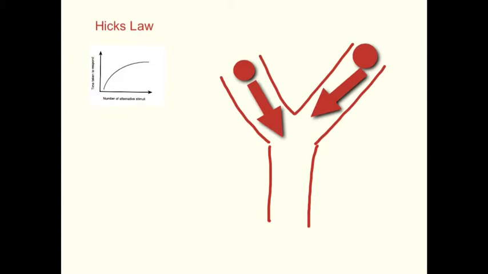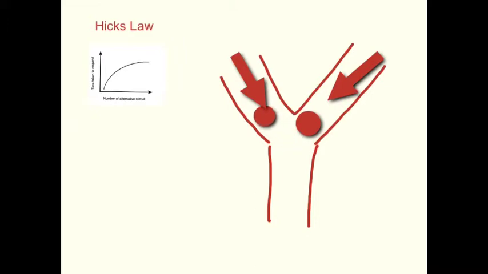If we have two pieces of information being processed at once, the first bit of information will move down, the second piece will move down, and at the bottleneck they can't both be processed at the same time, so we have to allow one piece of information to be processed before we can deal with the next. In other words, there's only one channel and we can only process one single piece of information at a time.